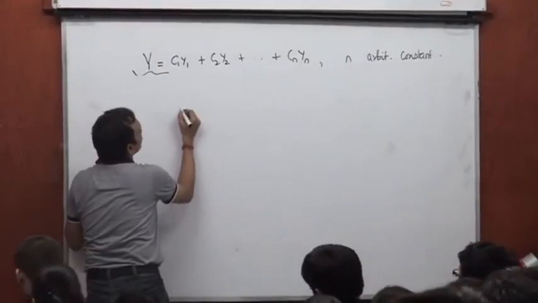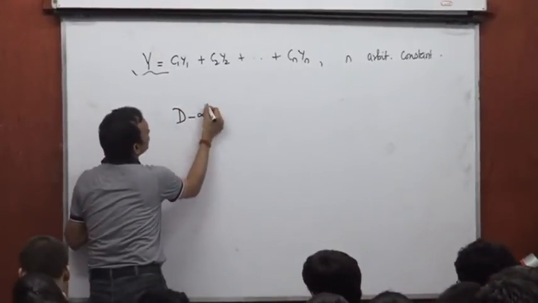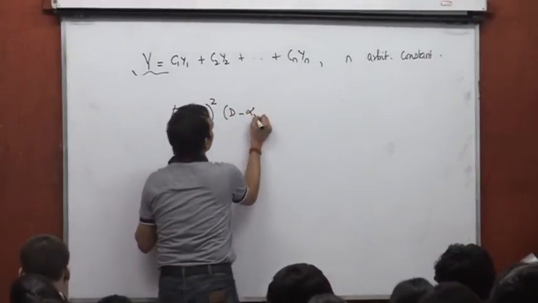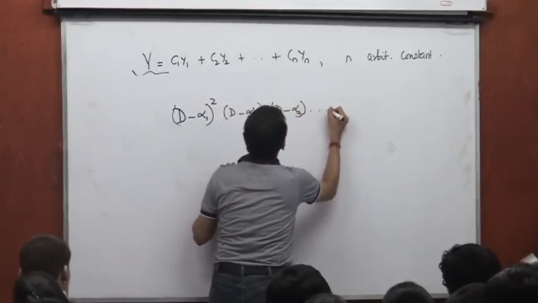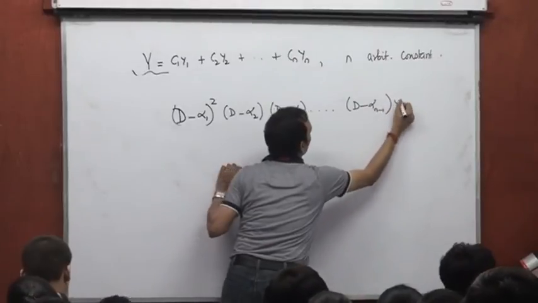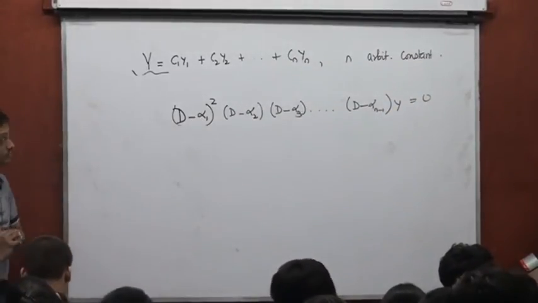So we had (D minus alpha 1) whole square, (D minus) alpha 2 and so on, acting on y. This was a differential equation.